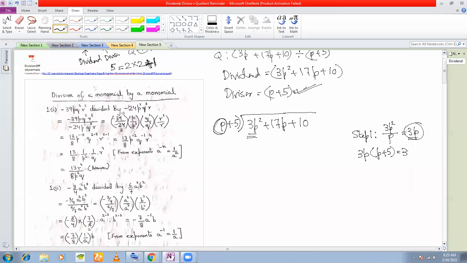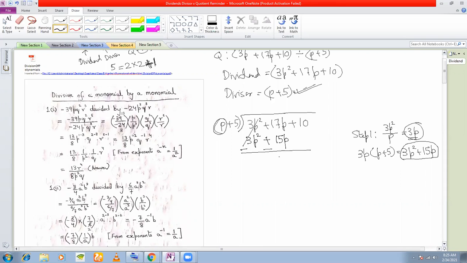You get 3p square plus 15p. Okay, while writing here, you will write 3p square below 3p square, and this 15p you will write below 17p, because the 17p and 15p are like terms. You will write like terms below the like terms. Okay, so you subtract, this will cancel off.